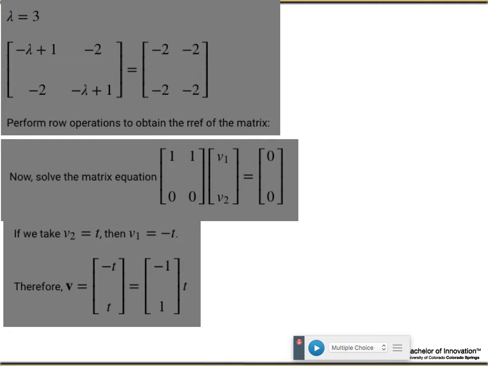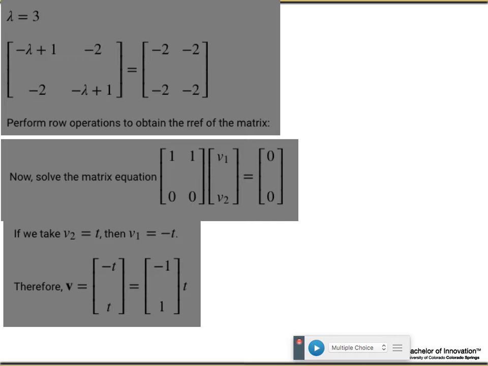Basically, if I get a matrix like that, it says there are infinitely many solutions. For every value of v1, there is a value of v2, and vice versa. So I can just arbitrarily choose one. I'm going to take v1 equals t, or 1, and then v2 will equal minus t. So I get something that looks like a vector of minus 1 and 1. And anything that has that for any value of t will be a valid eigenvector.